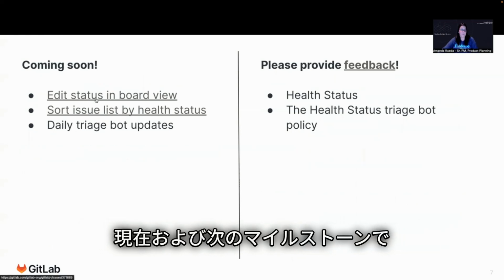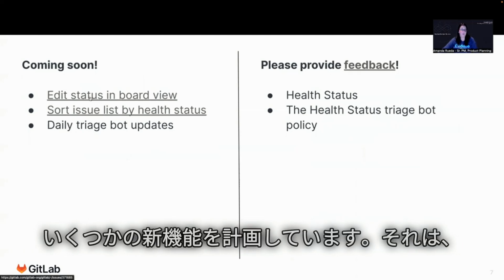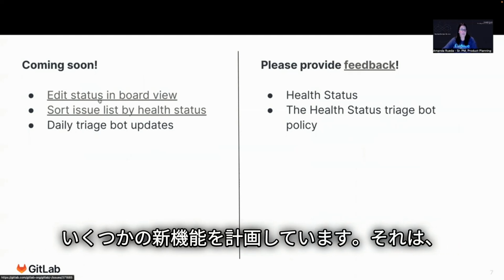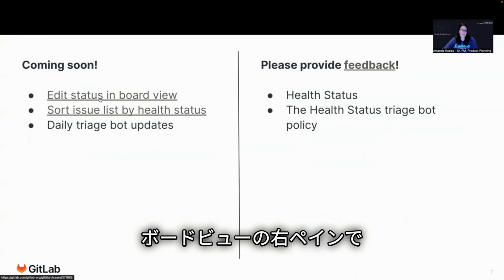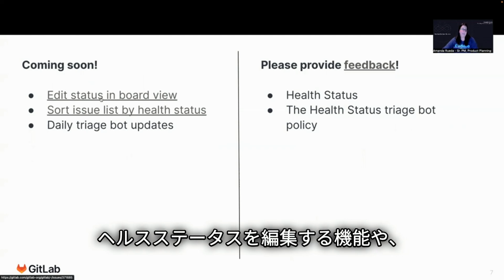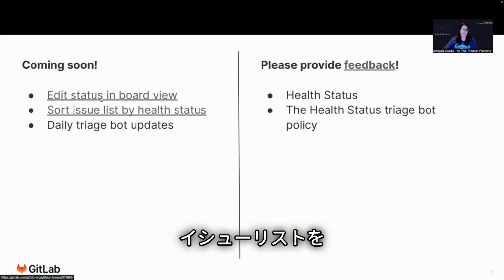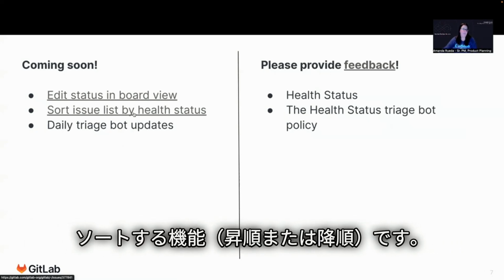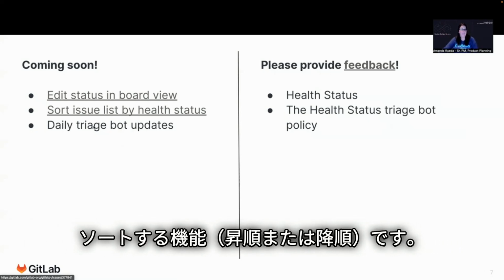Okay, I just wanted to tease a little bit here. We have a couple of things in our current milestone and our next milestone, and that is being able to edit the health status in the board view on the right pane. Being able to sort the issue list by health status, so ascending or descending by the health status.